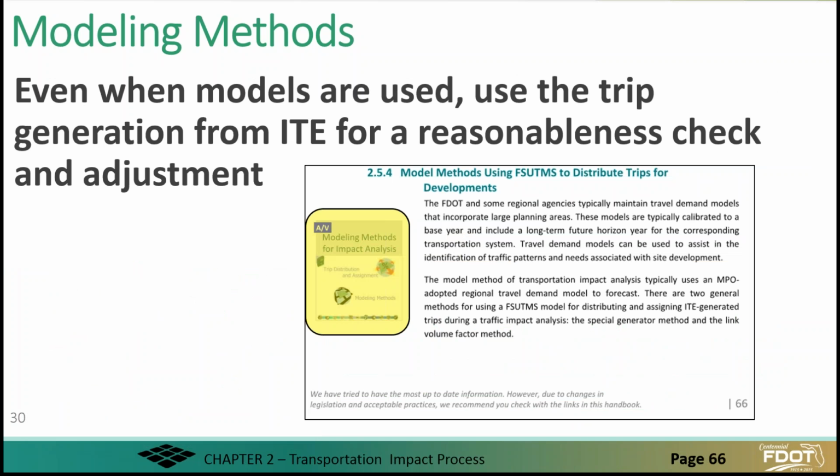Even when models are used, the trip generation from ITE is used as a reasonableness check and for adjustment. What this is saying is that the calculation of trips as they come from the travel demand model itself may not be adequate for the calculation of trips that you need for the project, because there are a number of incidental trips that go into and out of the site that are not captured by the kinds of surveys that are done to develop traffic models.